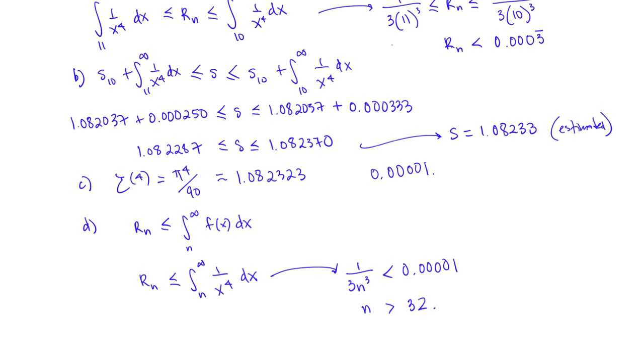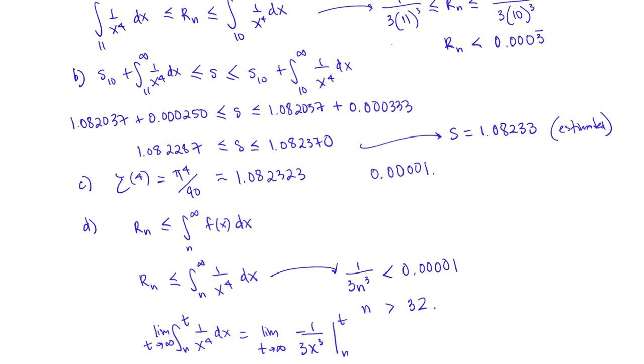The reason why the integral is 1 over 3 n cubed is that we take the limit as t goes to infinity of the integral from n to t of 1 over x to the fourth dx, and we see that this is the limit as t goes to infinity of minus 1 over 3 x cubed, evaluated from n to t.